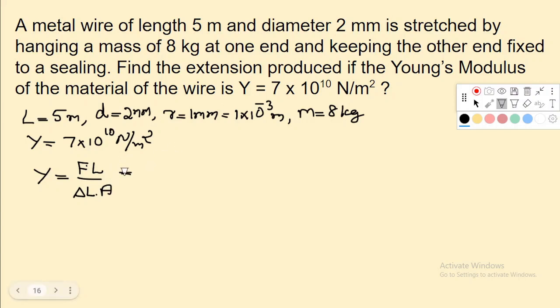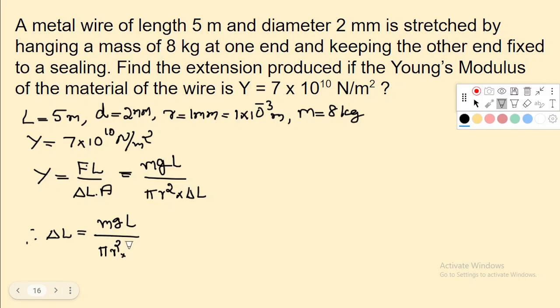Here the load is attached, that means F is equal to M into G. So Y is equal to M G L divided by, since we have the wire, the area of cross section, that is pi r square, into the extension delta L. Therefore, delta L is equal to M G L divided by pi r square into Y.